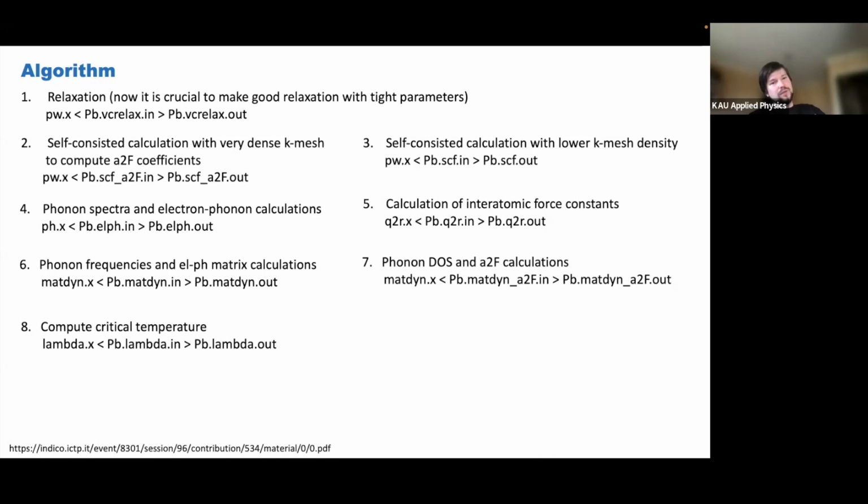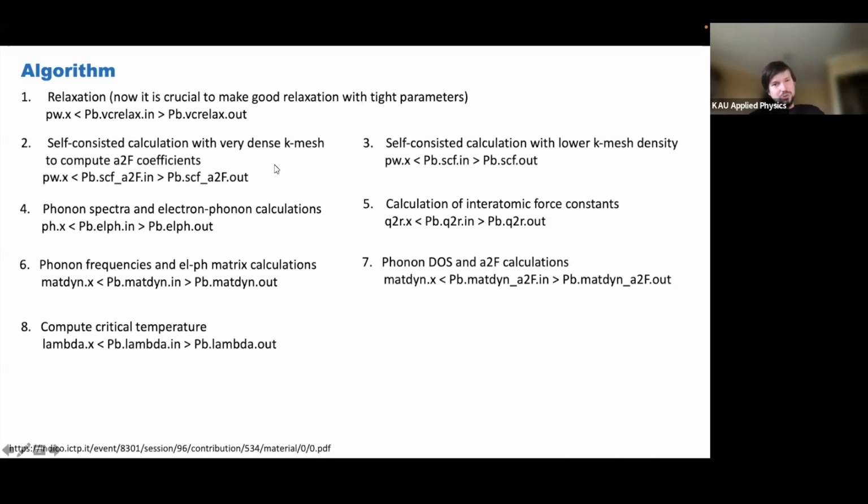Why do we do these two sets of calculations? Because the time of calculations and the amount of resources really depend hugely on this K-mesh density. For the spectral function we need a really very dense K-mesh. But with this dense K-mesh, it's not obvious that we can make the calculation because the time will go to infinity.